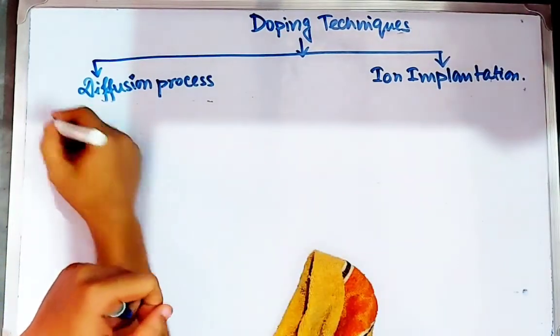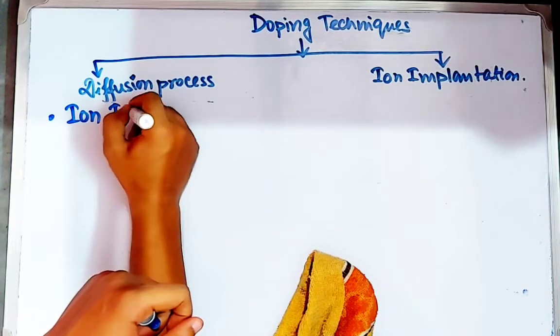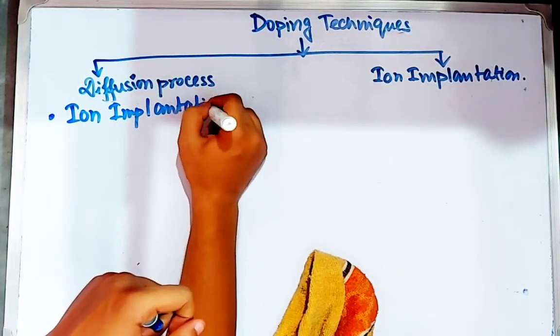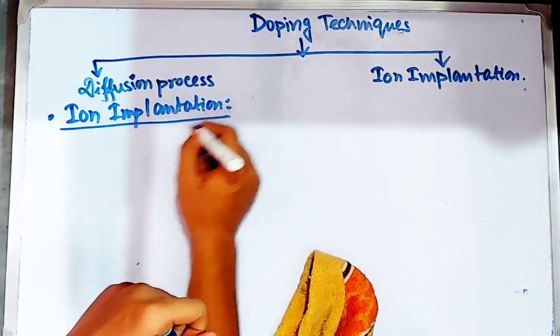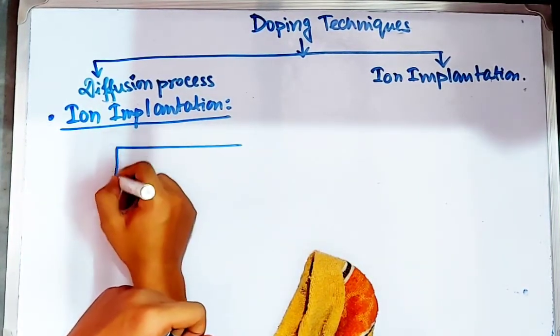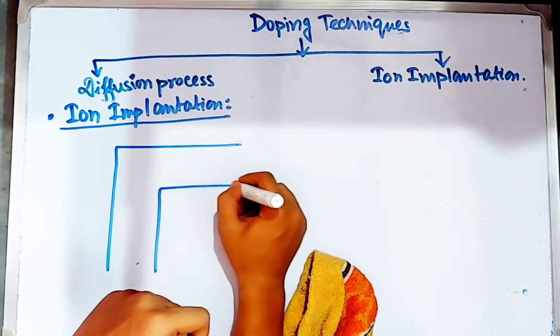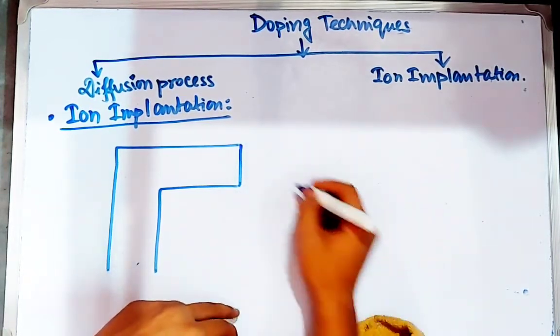So if I talk about the ion implantation process, then there is a structure, a container which has two openings.